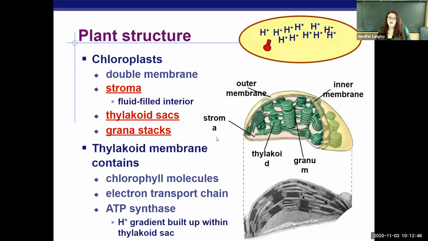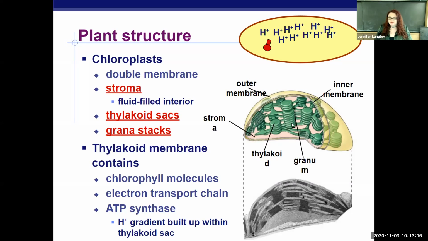Okay. Just like we needed to know the mitochondria structure, we need to know the chloroplast structure. It is a double membrane, just like our mitochondria. We have what's called the stroma. That's the fluid-filled inside area. Each one of these individually is called a thylakoid.